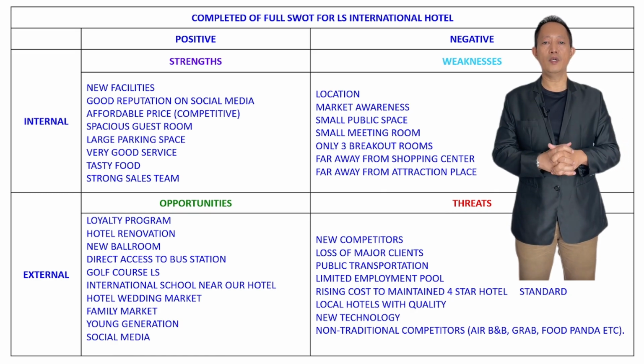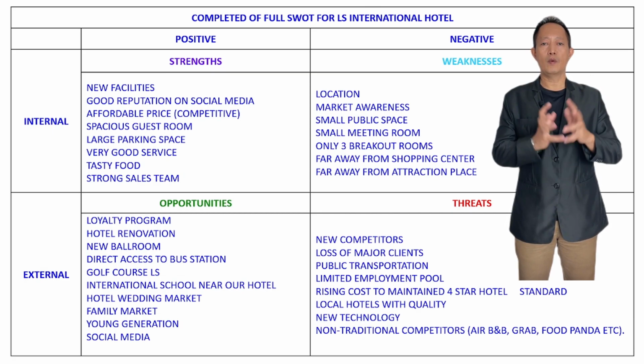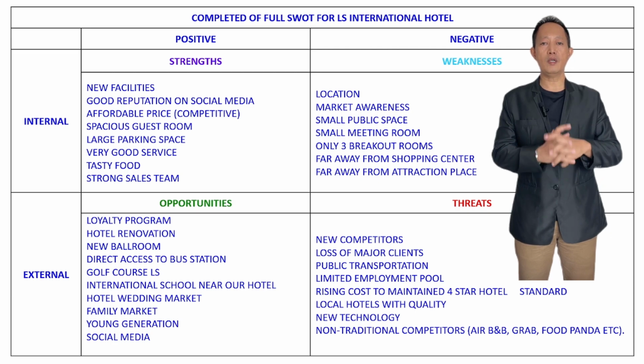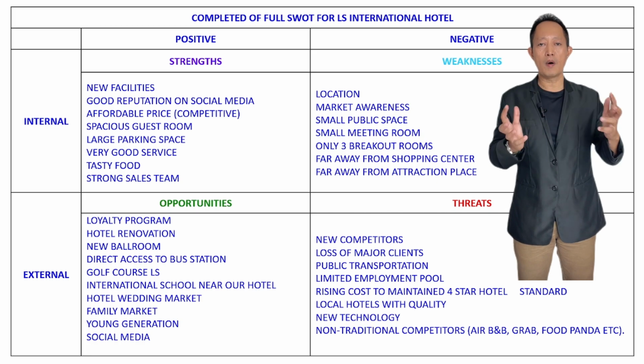This is our usual SWOT analysis for LS International Hotel. But as I mentioned, we have a limitation in this list, right? It shows importance, uniqueness, and internal factor, and there is no priority. So let's make it more detailed.